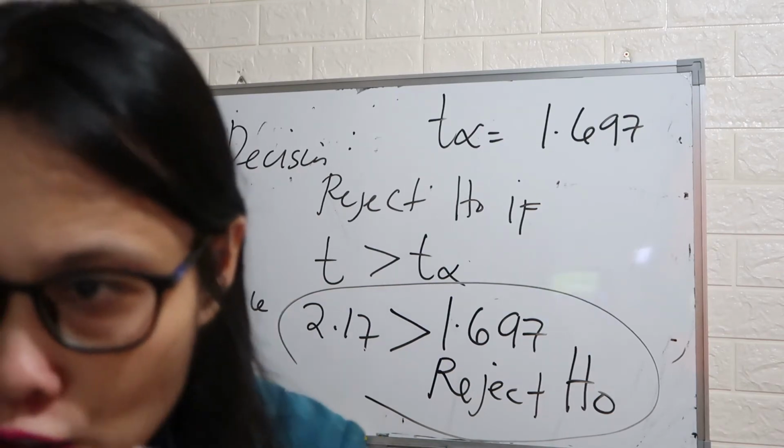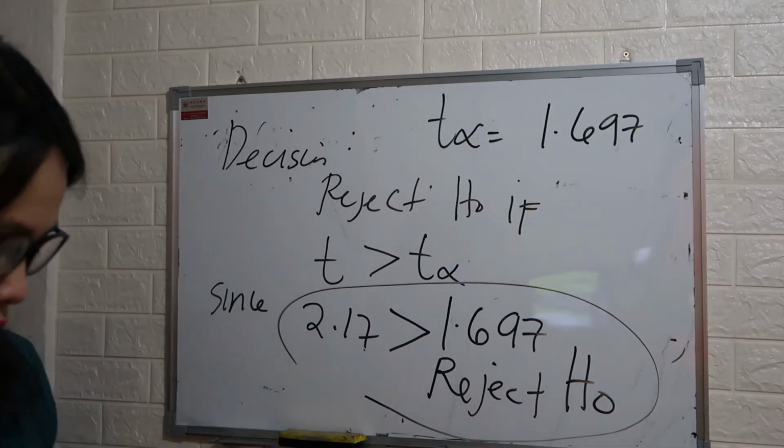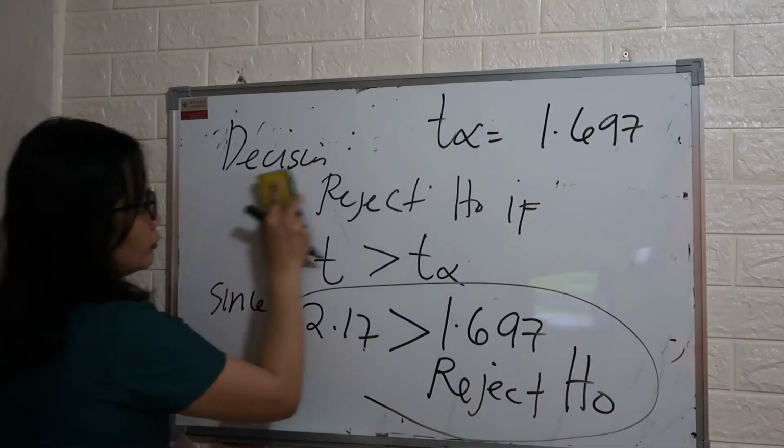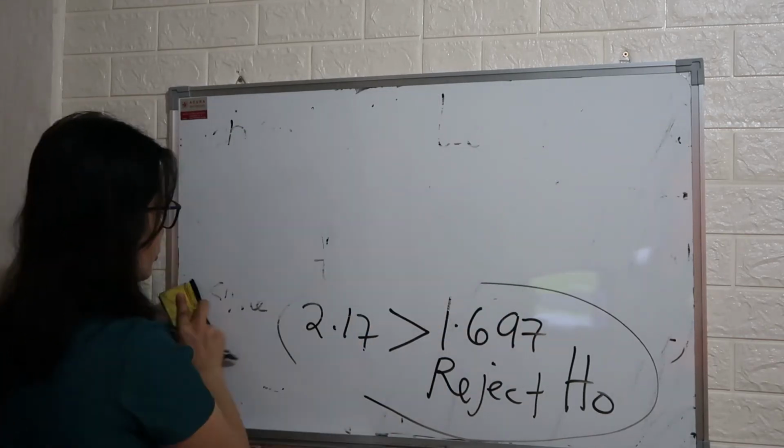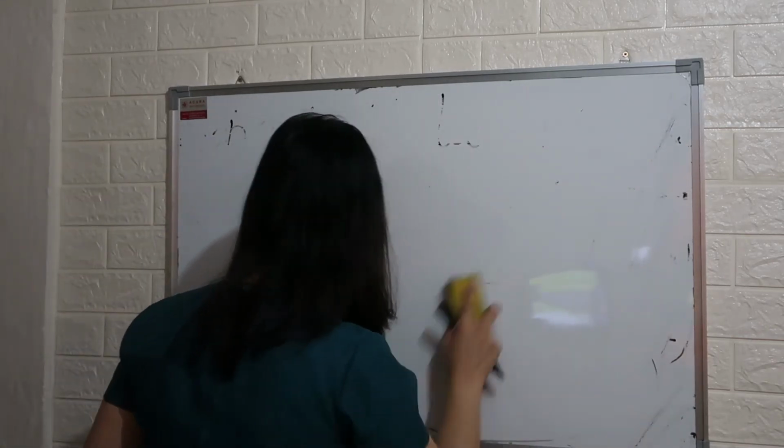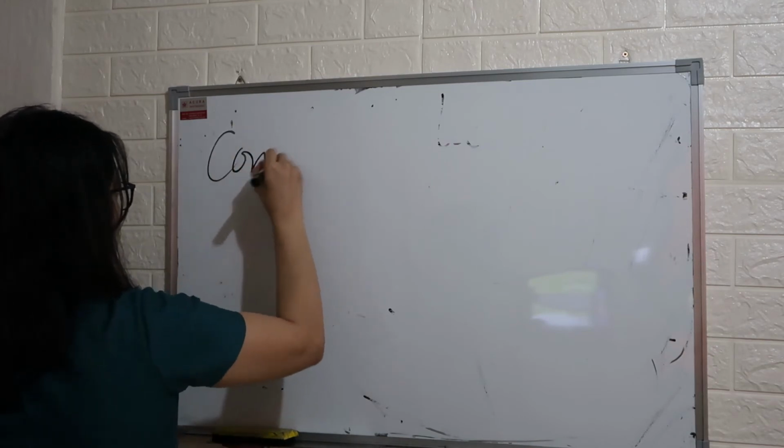So if you're rejecting H0, what will be your conclusion?